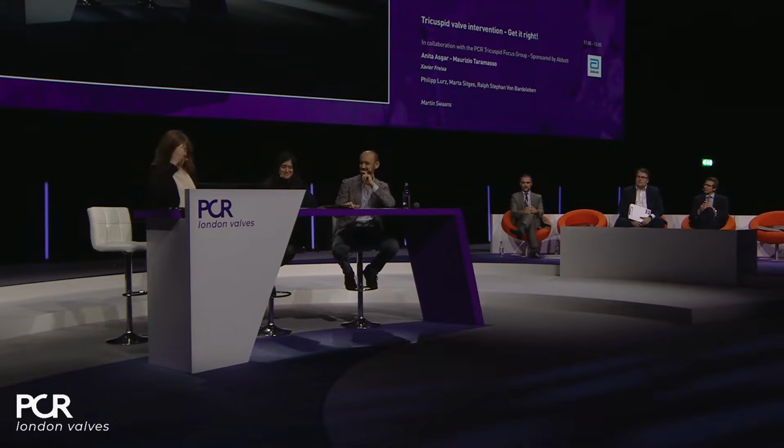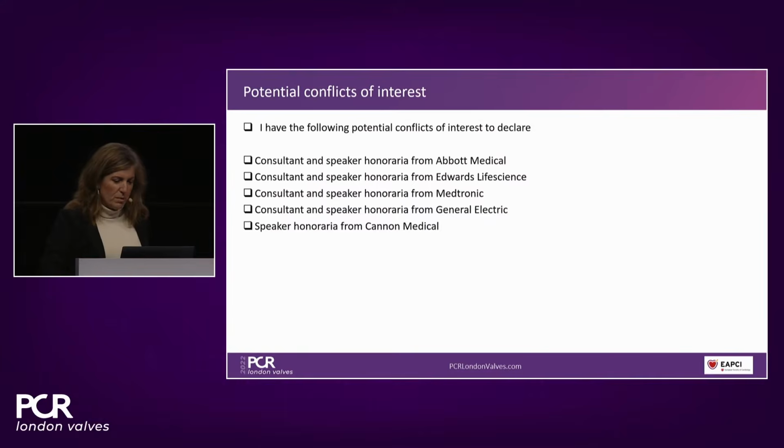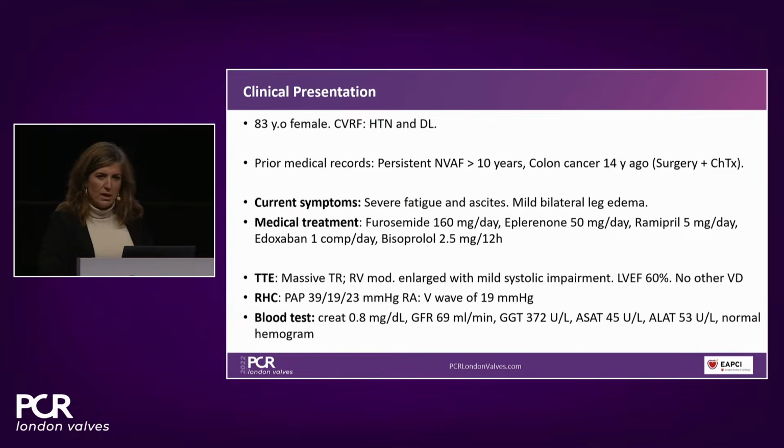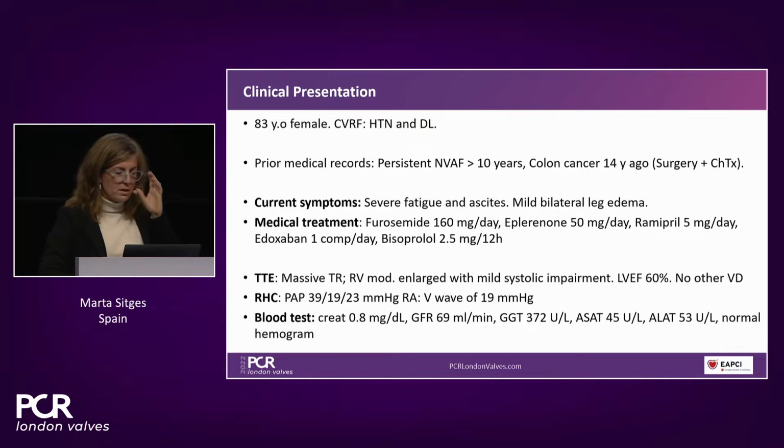Thank you, Maurizio. Thank you, Anita. So it's my pleasure to introduce this 83-year-old lady, who had a long-standing story of atrial fibrillation, more than 10 years. And she comes now to us with severe fatigue and ascites, with bilateral leg edema.